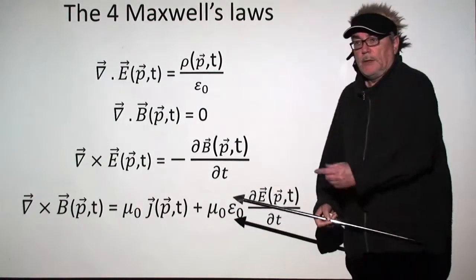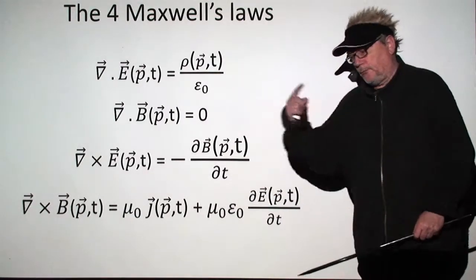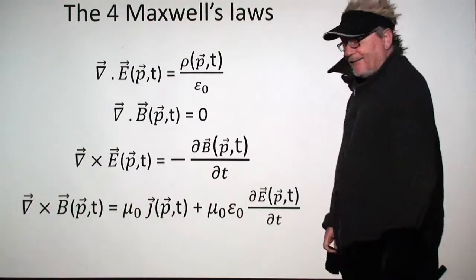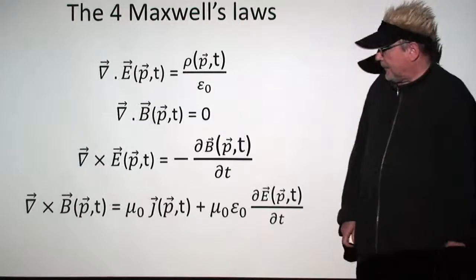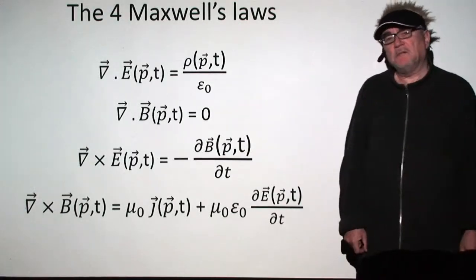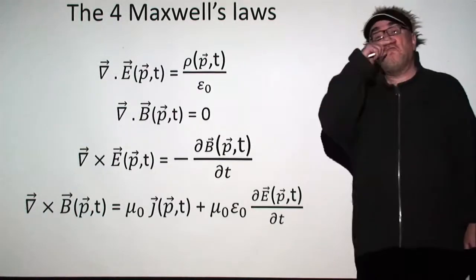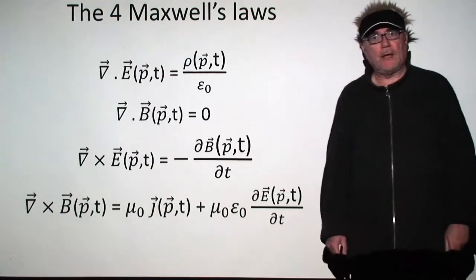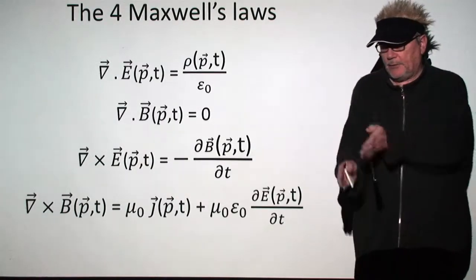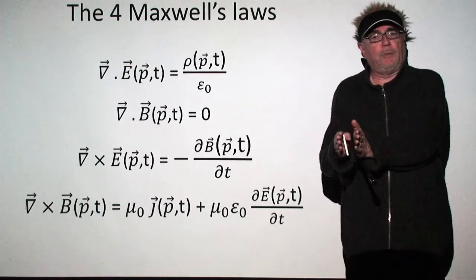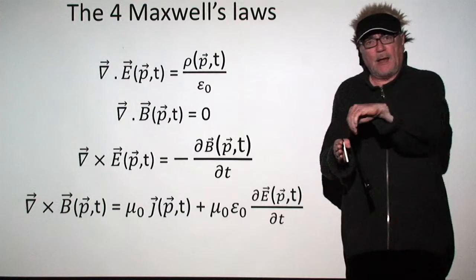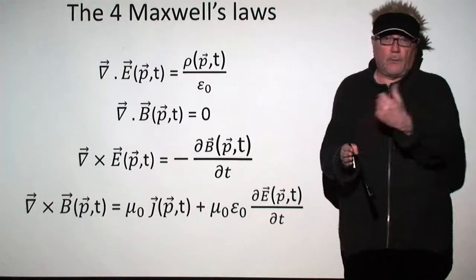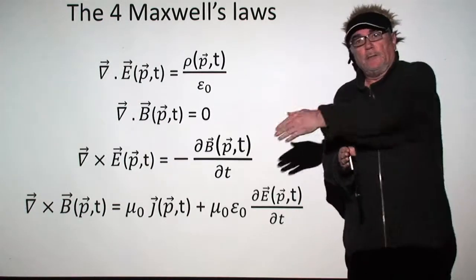You give some current and it will generate a magnetic field which will move magnets, and then you get an engine. But Maxwell said, okay, that's good, not bad for a French guy, but actually you don't take into consideration another case where you cut the conductor and put two metal plates in between with some empty space, which means that the current cannot flow from one side of the plate to the other.